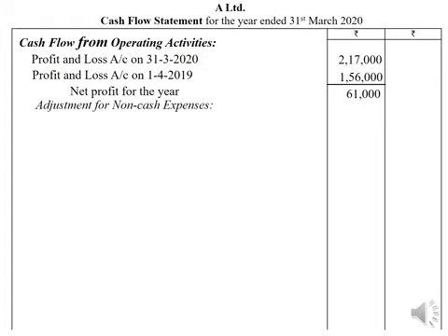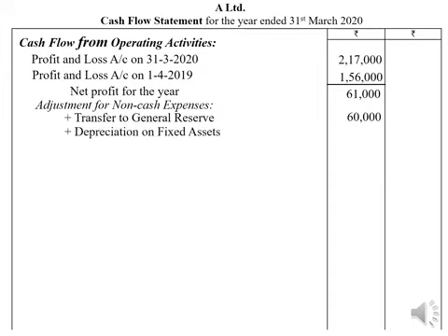Then adjust for non-cash expenses and non-cash incomes. Transfer to general reserve is given in the problem. It is increasing by rupees 60,000. Therefore, it has to be added back. Next one is depreciation on fixed assets, rupees 40,000. It is found out in fixed assets account as balancing figure.